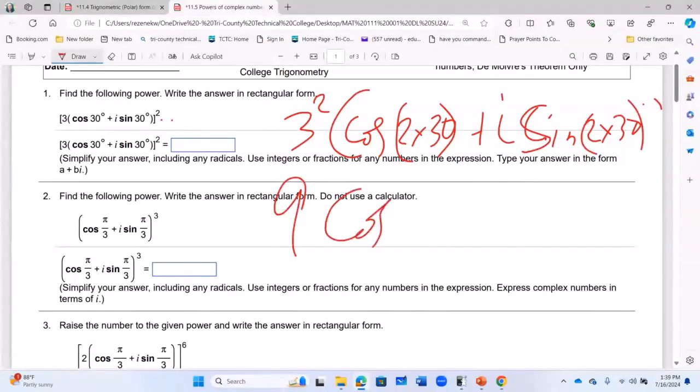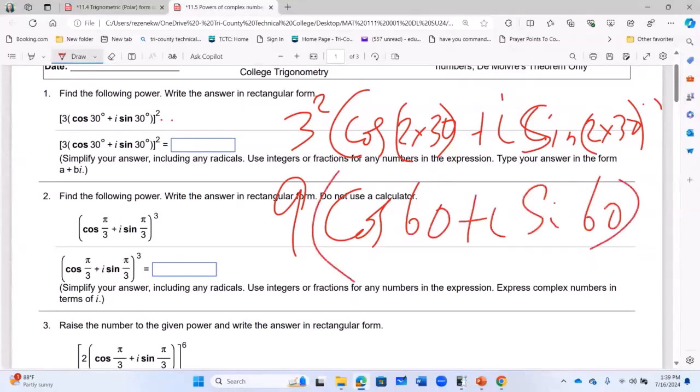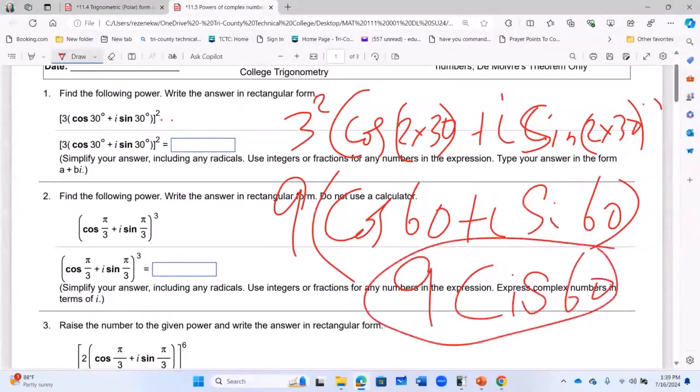Cosine of 60 plus i sine 60. And then if you want to write it in compact form, you write 9 cis 60. Okay, well, let's do number 2.